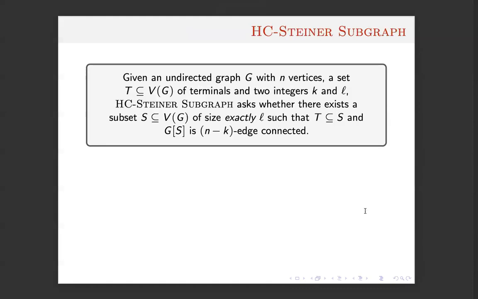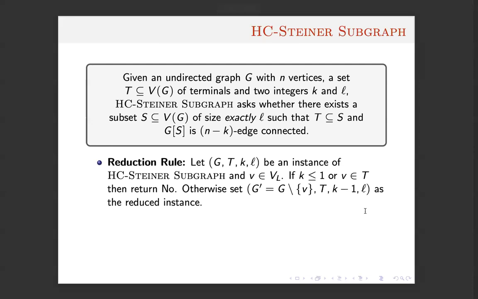Now let us go to the Steiner subgraph problem, where we are given a graph with n vertices, a set of terminals T, and two integers k and L. The problem asks whether there is a subset of vertices of size at most L such that it contains T and induces a graph which is n minus k edge connected.